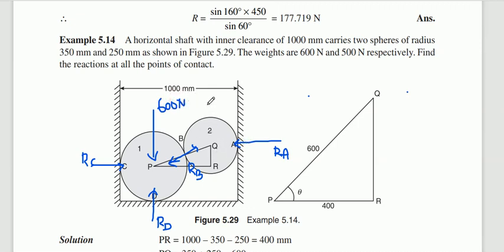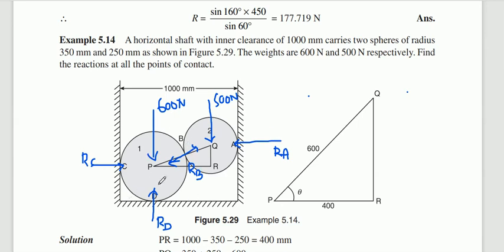The weight of the second sphere also acts downward, so you can write it as 500 Newton. These are all the forces acting on the spheres.